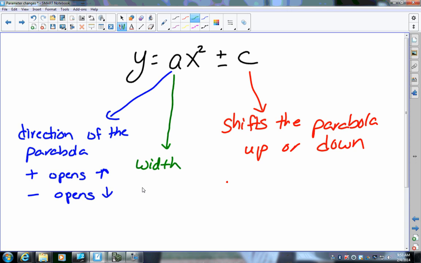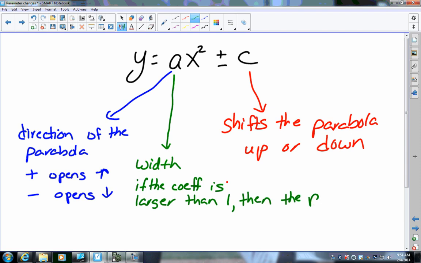Now, the positive and negative have nothing to do with the width. Positive and negative has to do with direction. The width, if the coefficient is larger than 1, then the parabola is skinnier. Remember, that is called a vertical stretch.